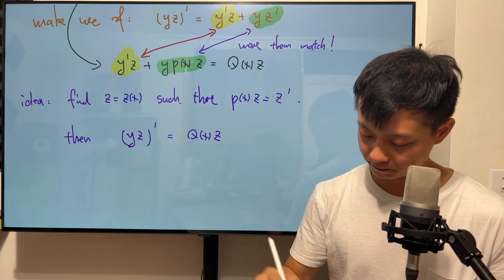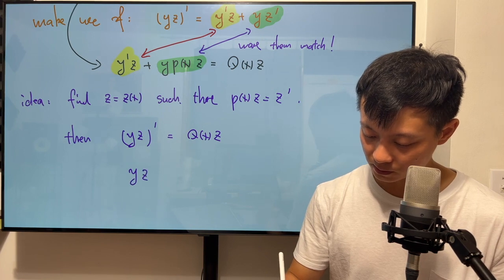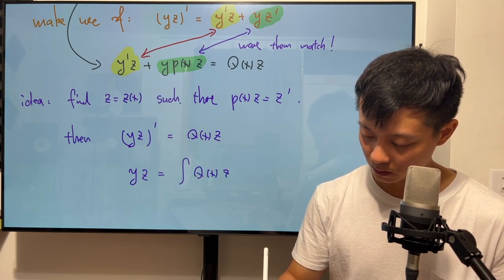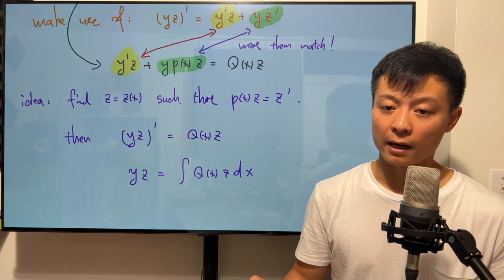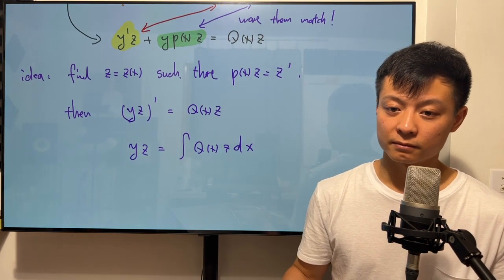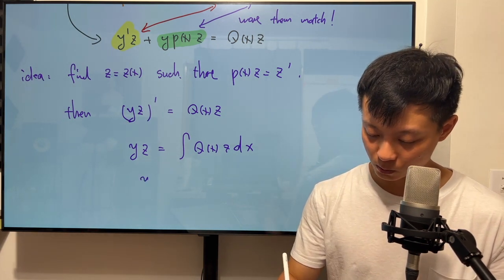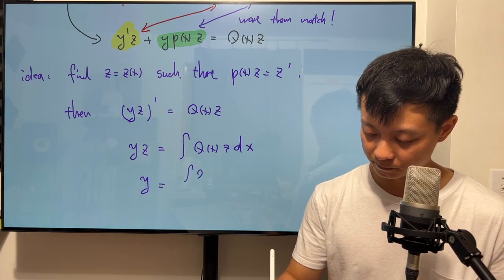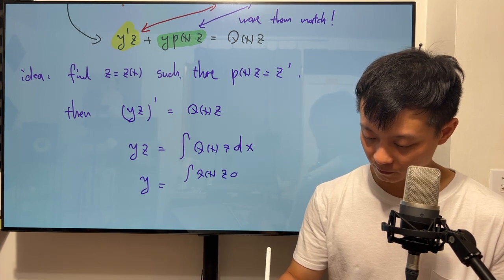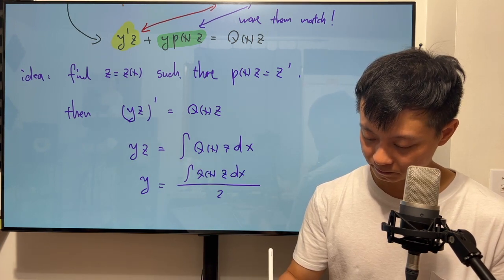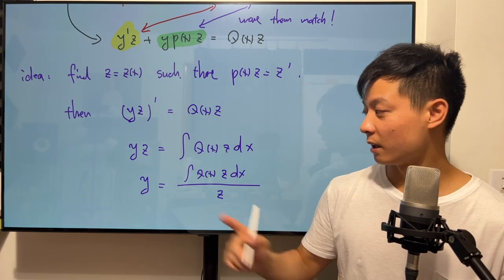Then we're going to have yz equal to the antiderivative of that with respect to x. Then we can divide both sides by z to solve for y explicitly, so that this equation is solved.